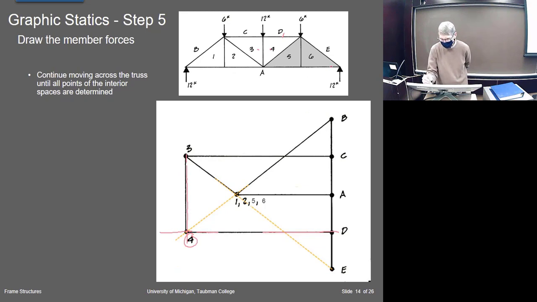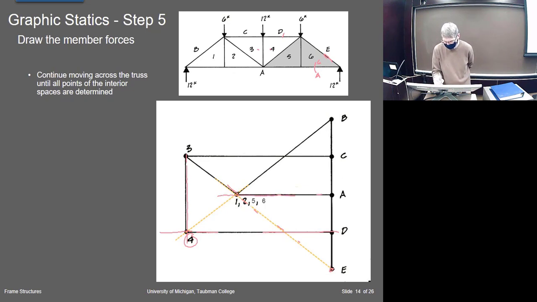Then I could look at just working around E6. Okay, I know that's going like this. I know it starts at E, and it's going to be a line going up like that. E6 will also cross A6. So this A has a lot of lines.